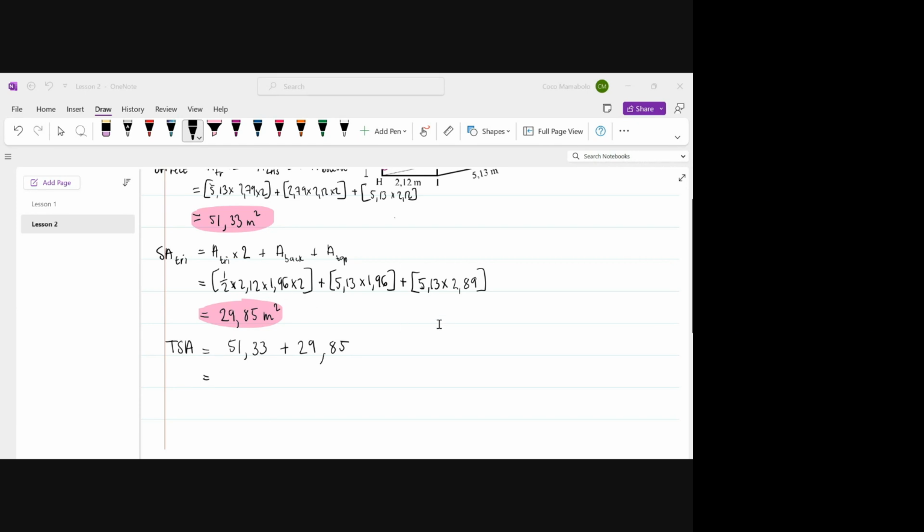80,36 meters squared. All right. Are we happy?